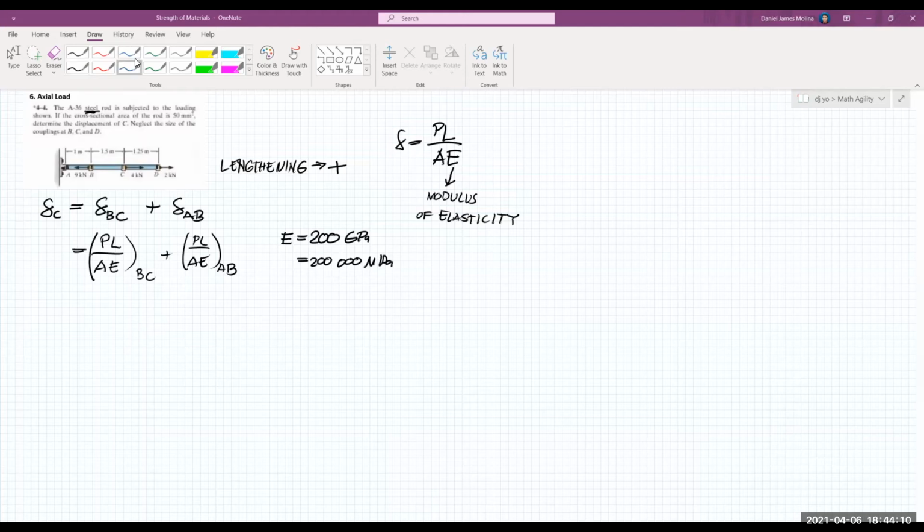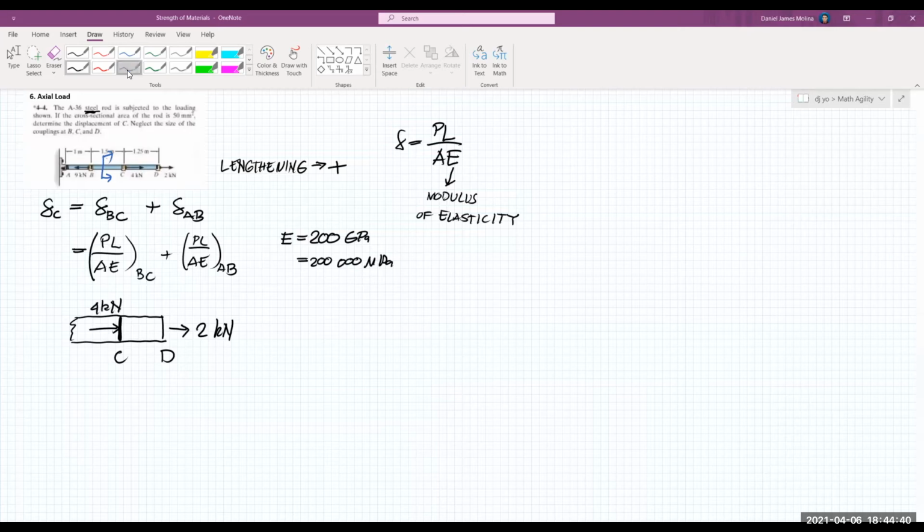So for us to solve for the force on BC, we can pass a plane cutting bar BC, so that the internal force at BC will be exposed. It will somehow look like this. So we have 2 kilonewtons here. This is point B, point C. And then we have a force of 4 kilonewtons here.